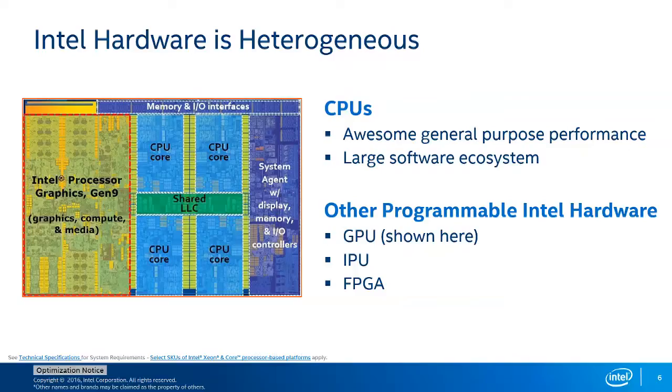The GPU has a different programming model and instruction set, and it was designed as a solution to a different set of problems than the CPUs were designed for. But when you're developing for heterogeneous systems, you can combine the strengths of the different hardware types. And we've got other hardware types as well, not in this processor, but heterogeneous is definitely a strong story for Intel.